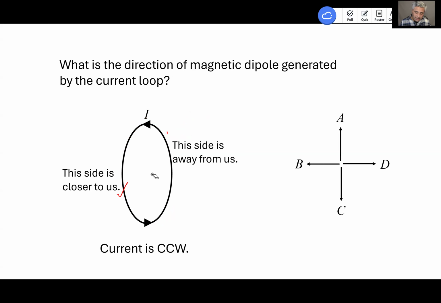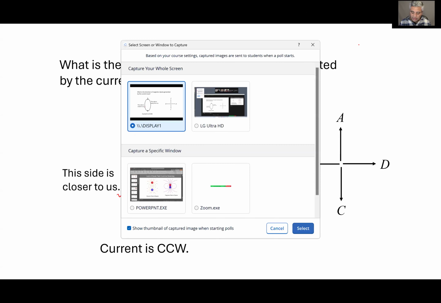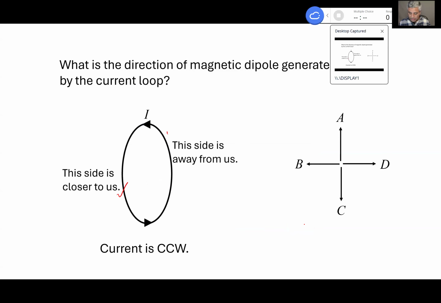If that's the case, what is the direction of the magnetic dipole or the magnetic field? What's the direction of the magnetic field or magnetic dipole in this case? So I'm opening the poll. Go ahead, use your right hand and pretend you are orienting, looking at the picture, and then choose an answer. You have a minute and 30 seconds.